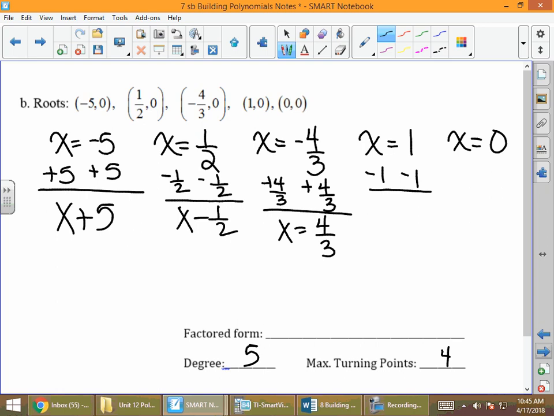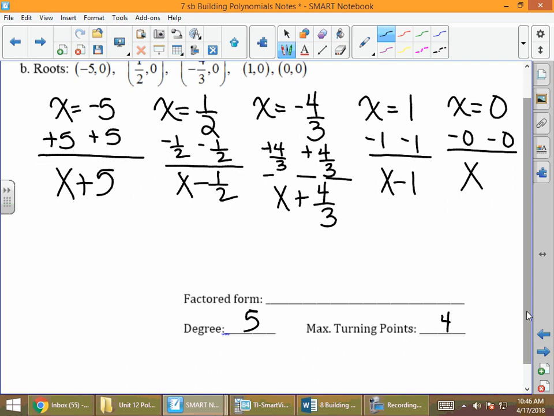Subtract 1 from both sides. This is x minus 1. Again, with the minus 0 or the plus 0, it's not going to make any difference. We don't really need to write the 0, that actual number, down.